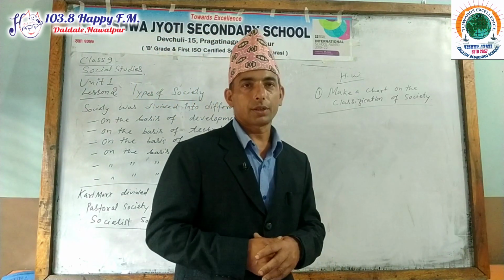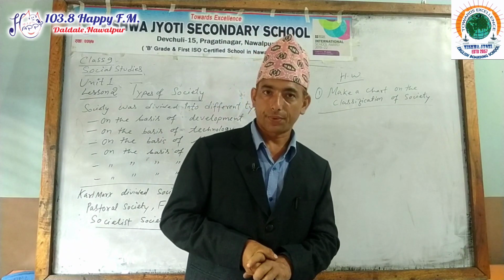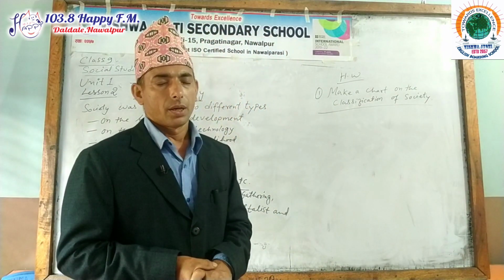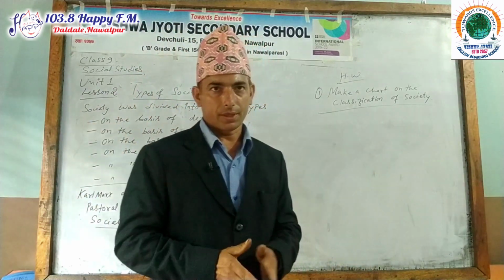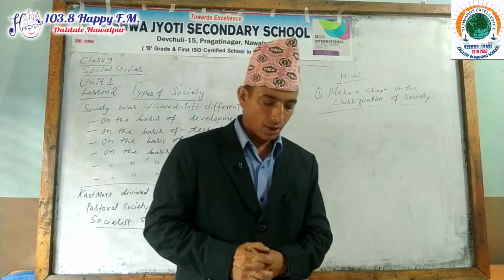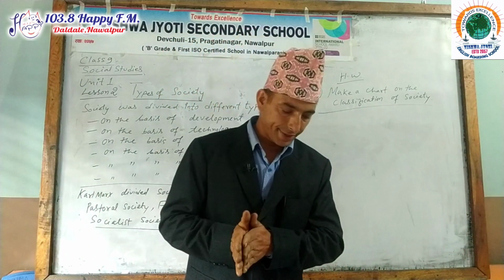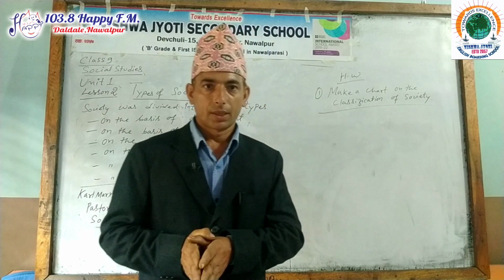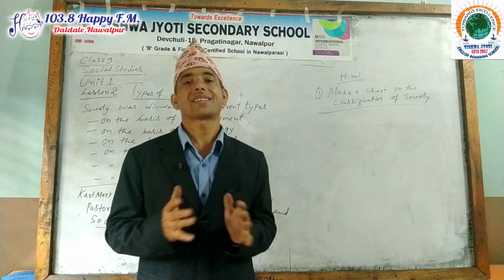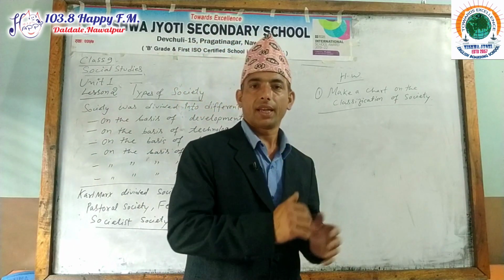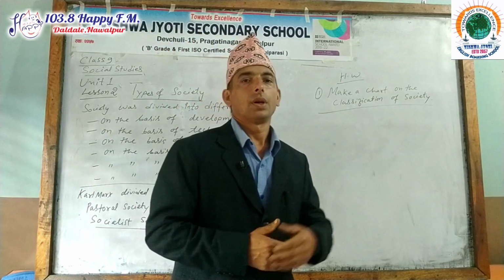Like this, horticultural society we have discussed, where the people raise plants, especially fruits and different types of off-seasonal or seasonal fruits and vegetables. Hunting and gathering society we have discussed. Then nomadic society, where the people don't have a fixed house or area, they travel from one country to another or one place to another.